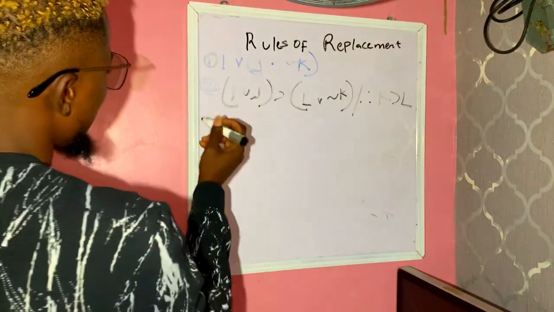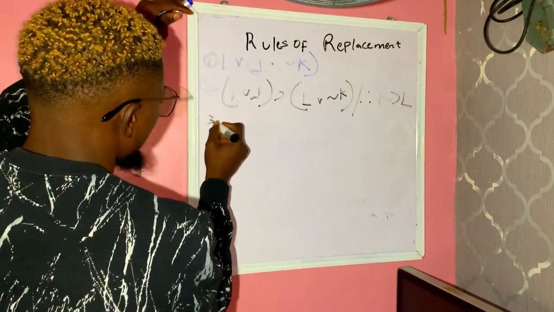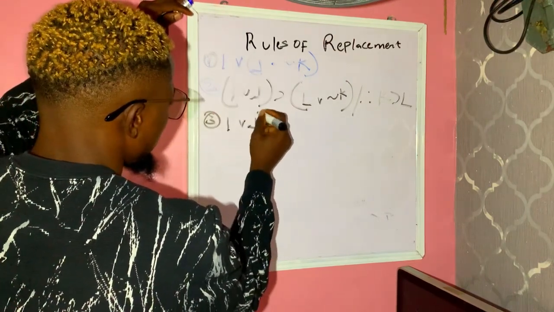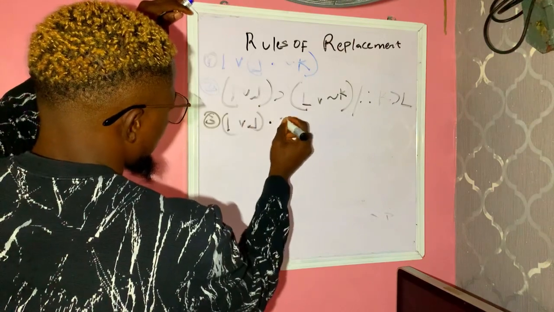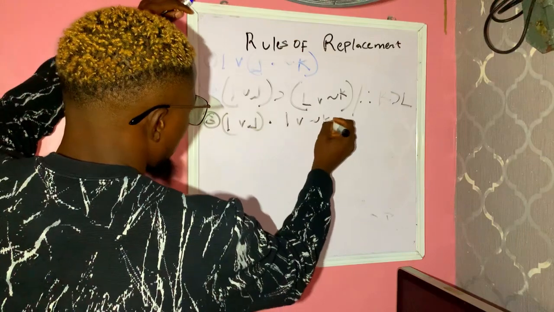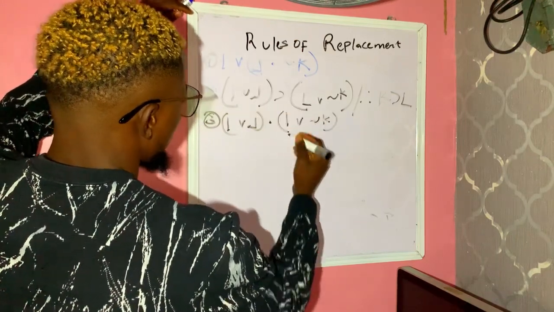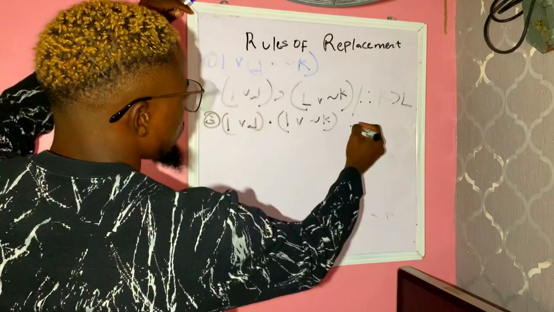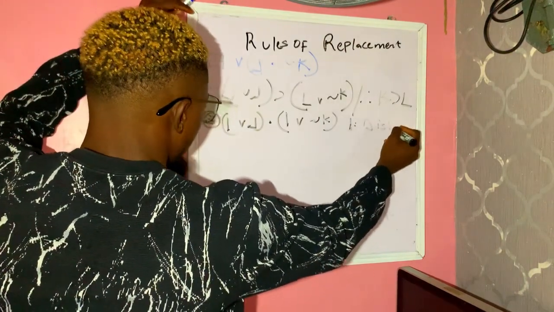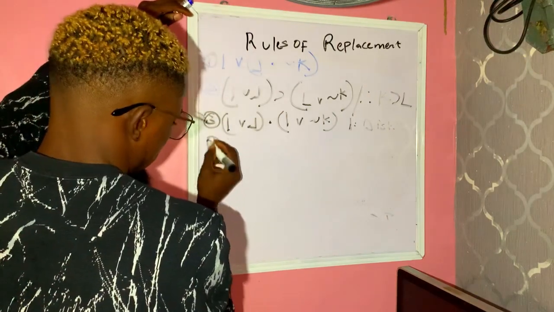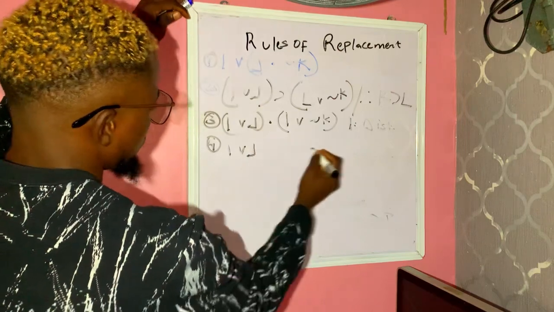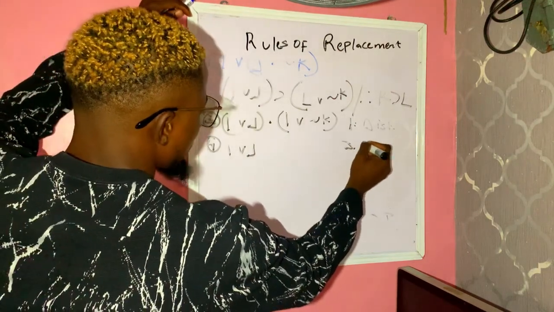So the first thing that we'll do here is line 3. Distribution on number 1: (I or J) and (I or negation K). So I say 1 distribution. Then line 4, I or J. 3 simplification.